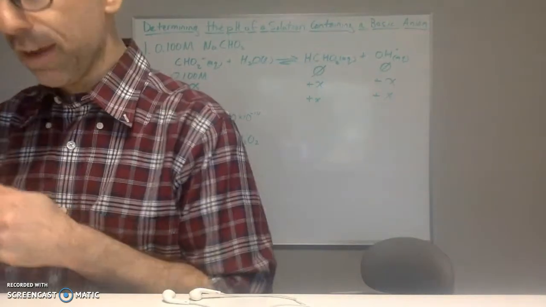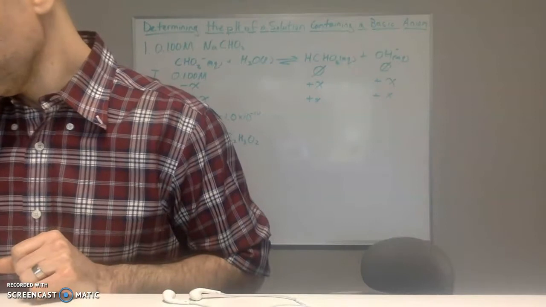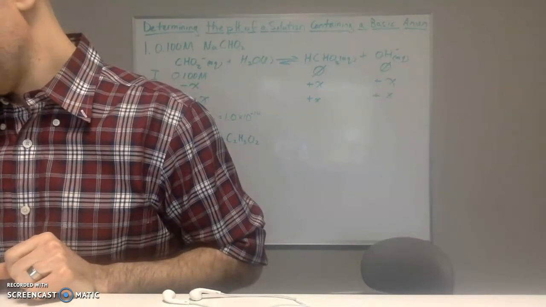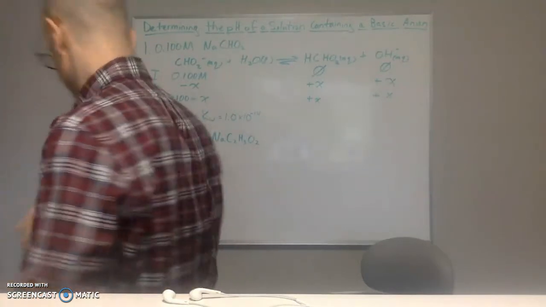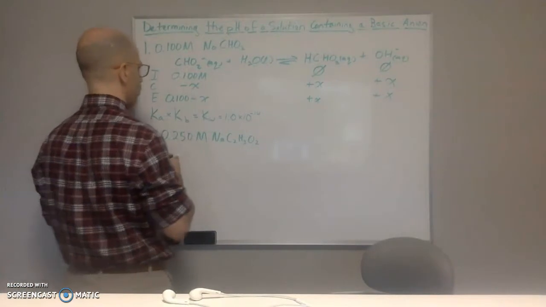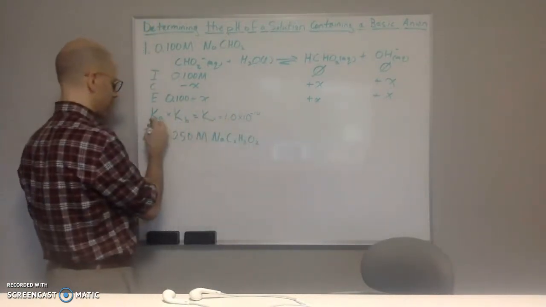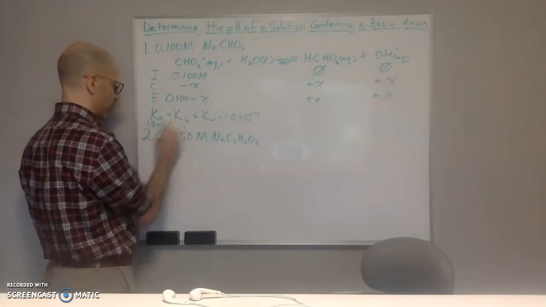So the Ka value for formic acid is 1.8 times 10 to the negative 4.